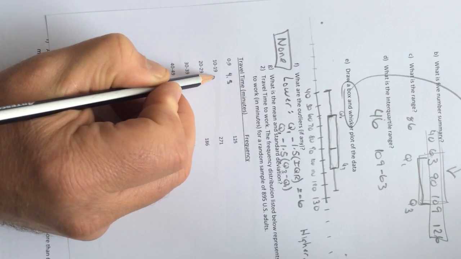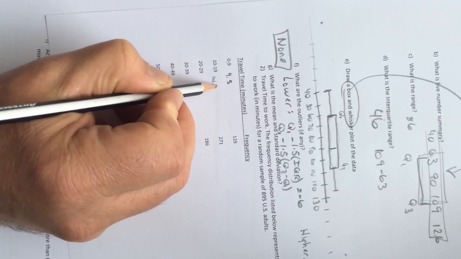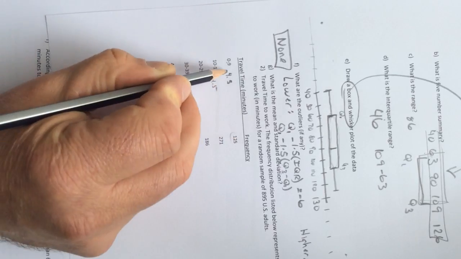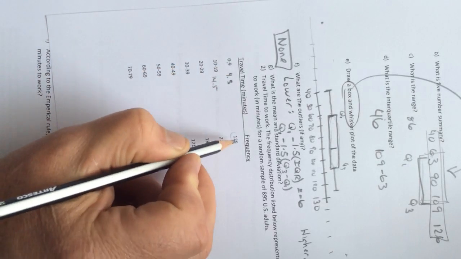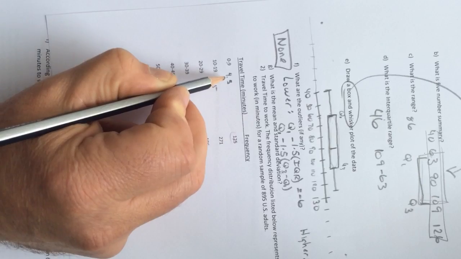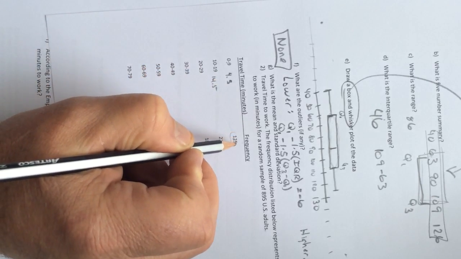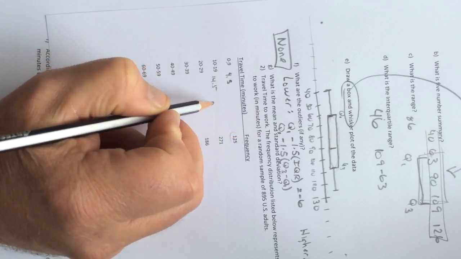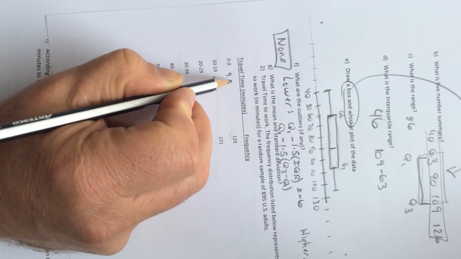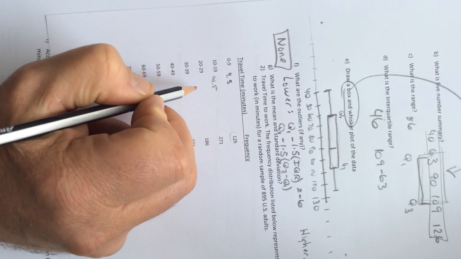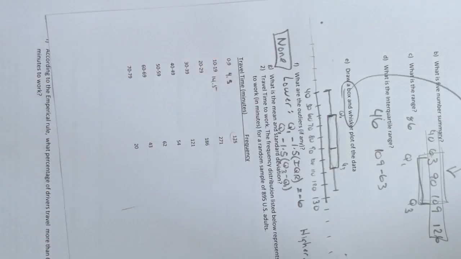This would be 14.5. So there's 125 of them, so it's like you have 4.5 plus 4.5 plus 4.5 and so on, plus 14.5. You've got to add them all up: 125 of these, 271 of these, 186 of these, and so on.